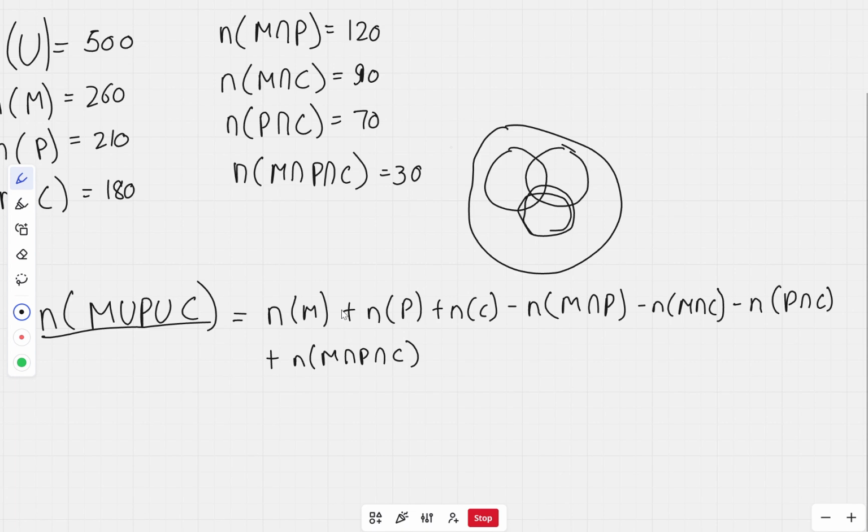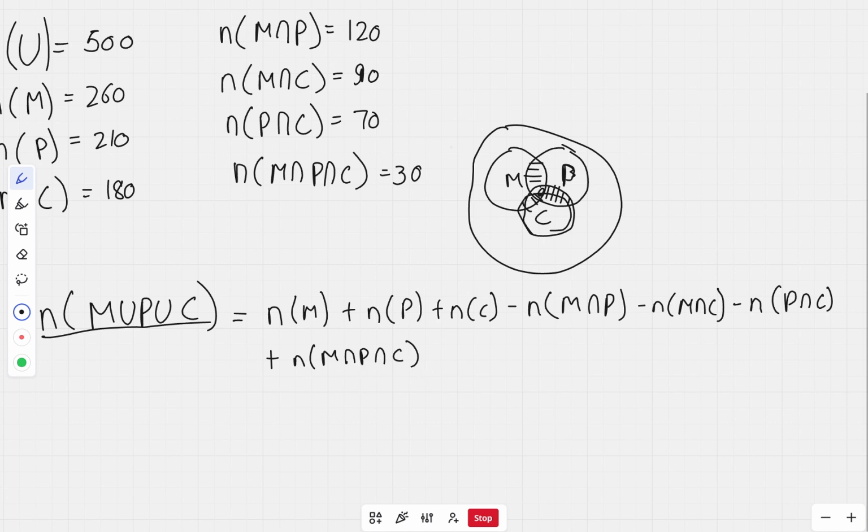so representing this using Venn diagrams, set M is basically this circle, set P is this circle, and set C is this circle. Now the section I've marked is P intersection C, this section right here is M intersection P, and this is M intersection C. What about M intersection P intersection C?